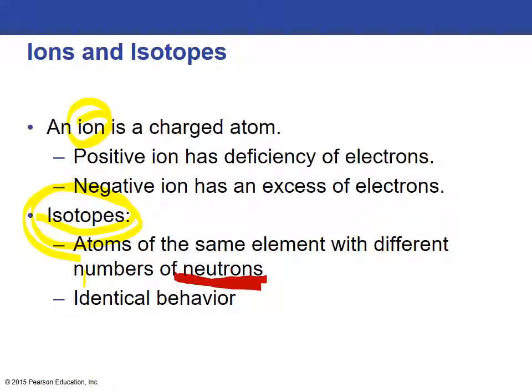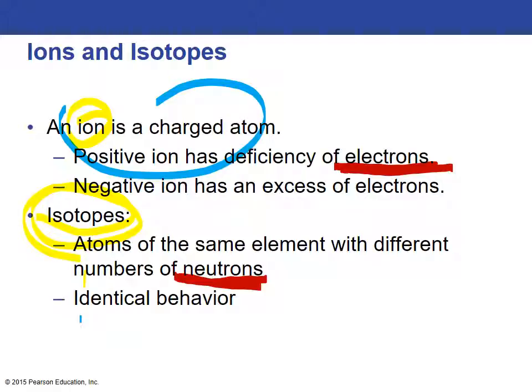So the charge is unchanged. The mass of it, though, is changed from the original. So an ion is a change with the electrons. An isotope is a change of the neutrons.